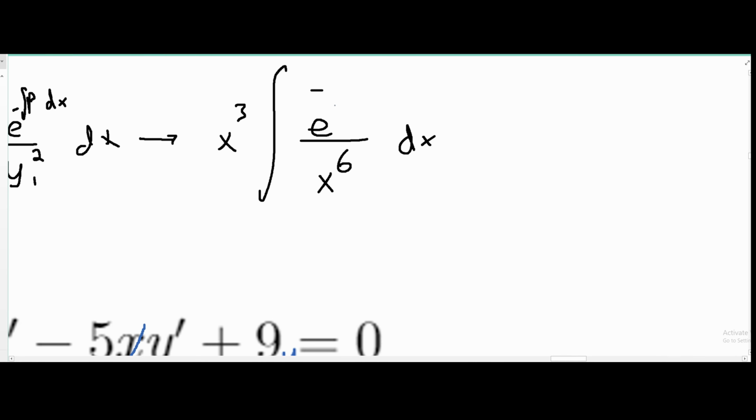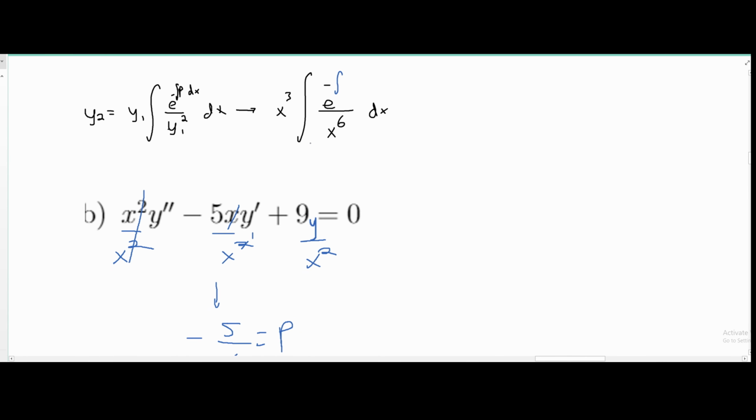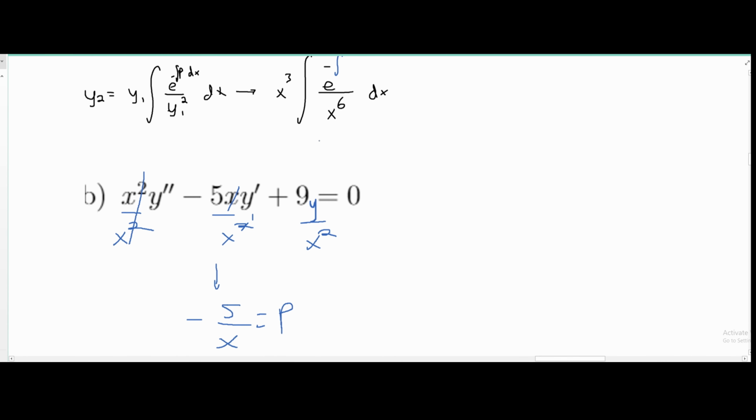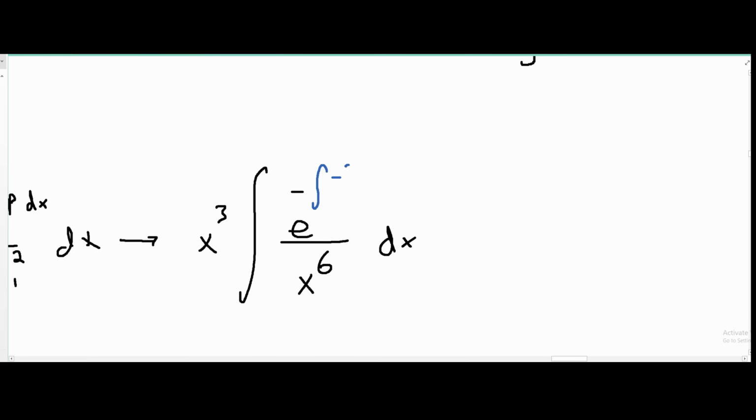And you take the integral of p of x, and just putting p in, we have negative 5 over x dx. We can see that these negatives are going to become a positive. This 5 is going to be moved outside of the integral, and we can rewrite this as 5 times the integral of 1 over x.